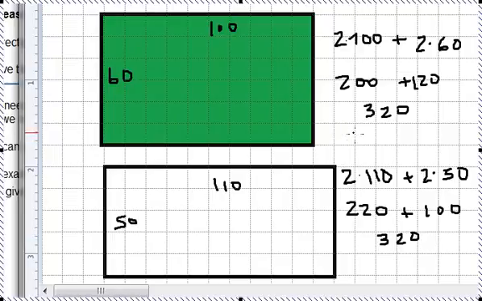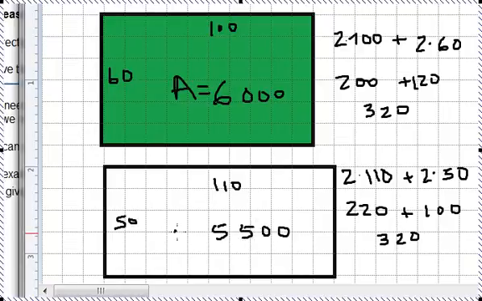Awesome. But the question is, what about the area? What is the area of 100 times 60? What is 100 times 60? 6,000. Awesome, Paris. Now I have a question for you. What is 110 times 50? 5,500.